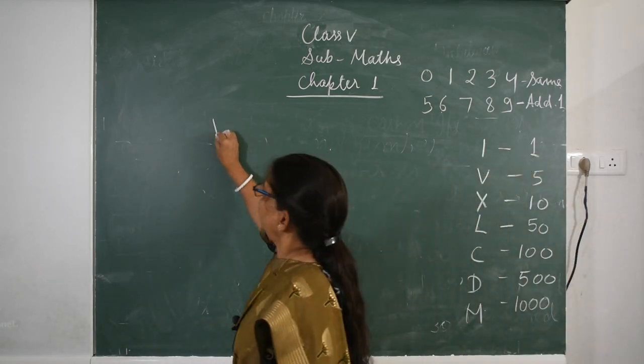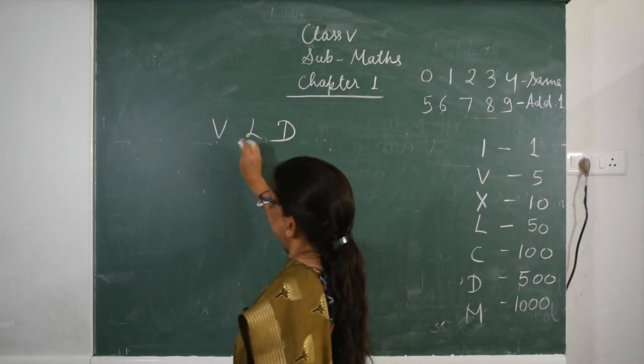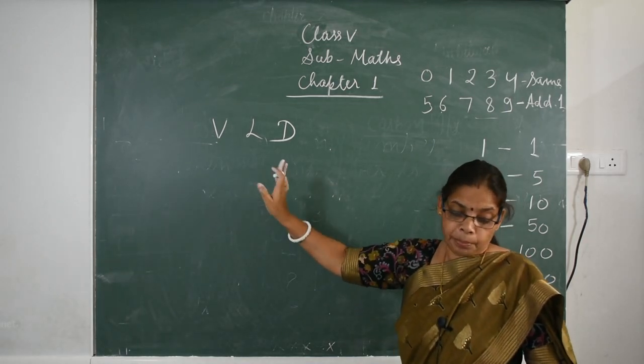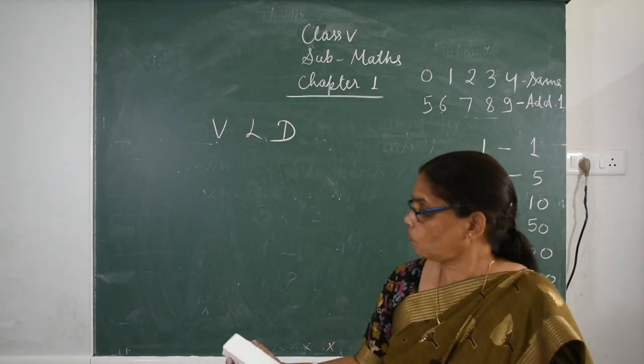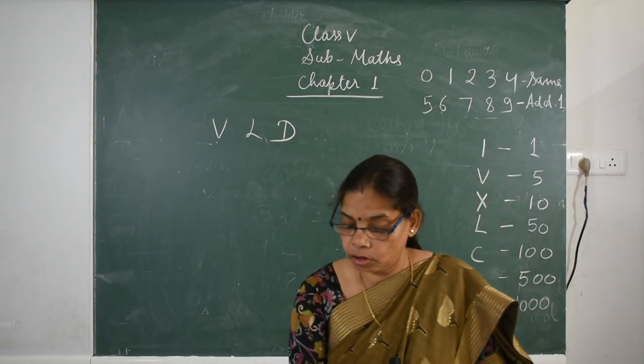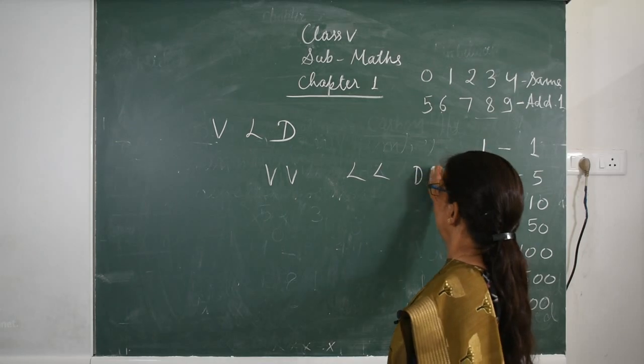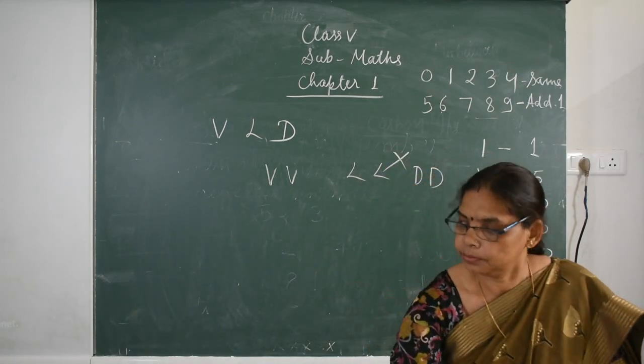The symbols V, L, D, these three symbols are never repeated. These three symbols are never repeated. This one is wrong. V, L, D, D, all these are wrong.